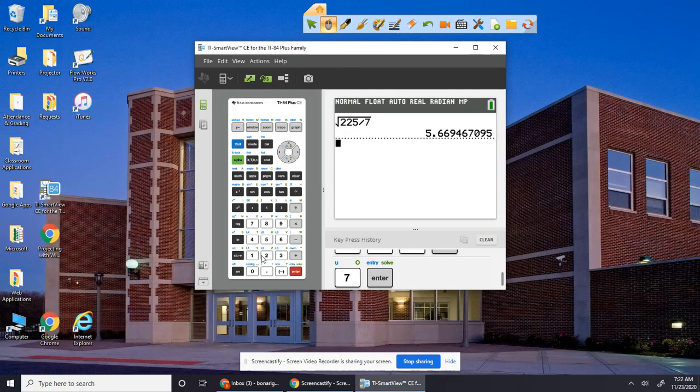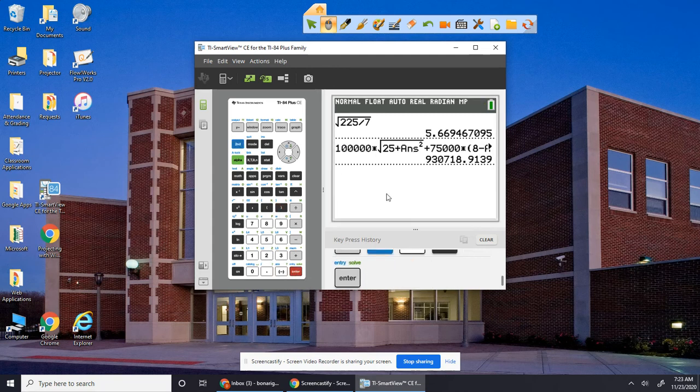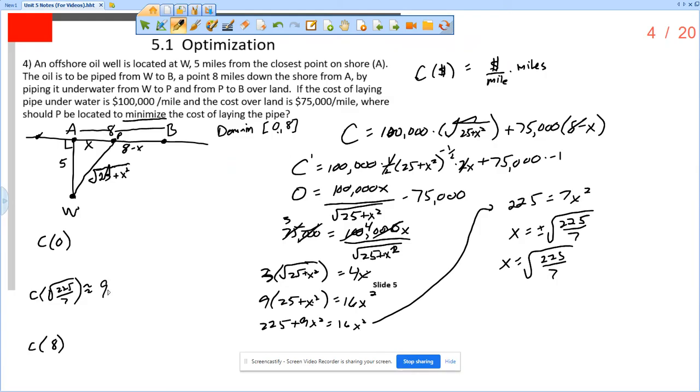So I'm going to take 100,000 times the square root of 25 plus the answer squared, and then plus 75,000 times 8 minus the answer. I get this calculated value, $930,718.9. I'm going to write that down.